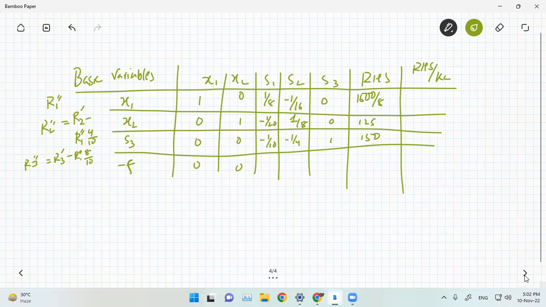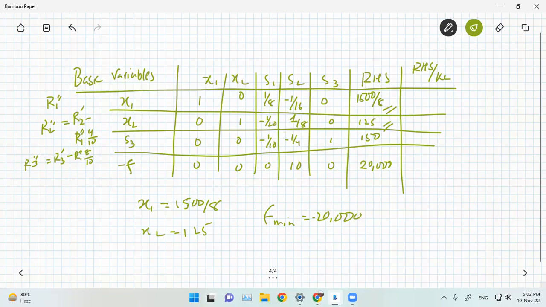So 0, 0, 0, 10, 0, and this is 20,000. So our optimum value is this one: x1 is 1500 divided by 8, and x2 is 125. And the optimum value f minimum is minus 20,000.